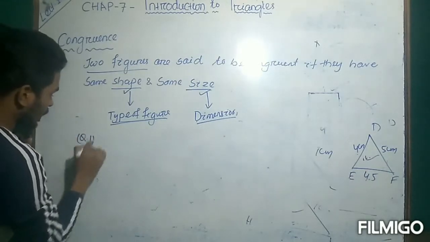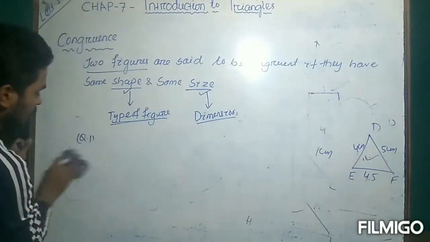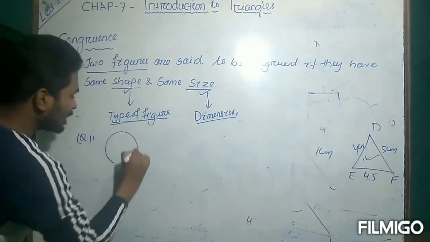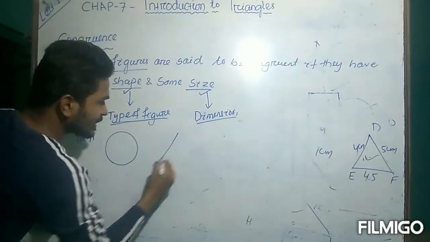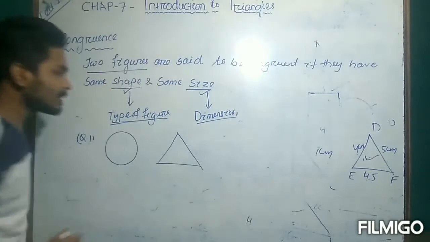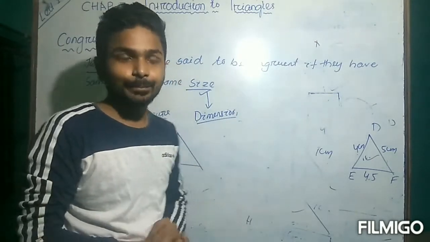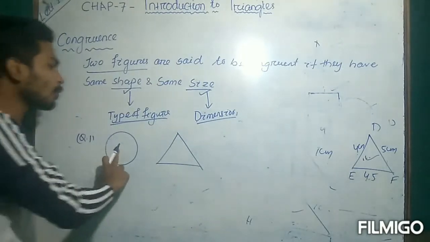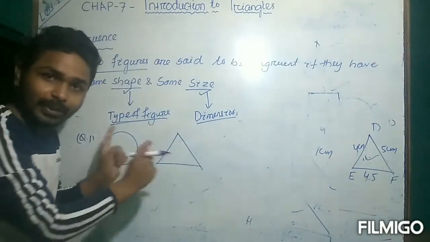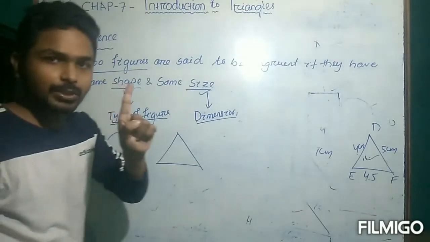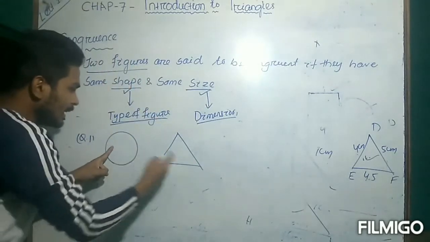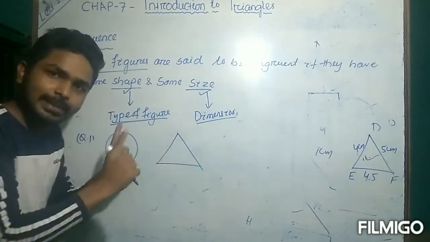Question number 1. Compare this figure with this figure. Now the question is whether these two figures are congruent or not. In order to decide, we have to first verify whether they have same shape. First condition.